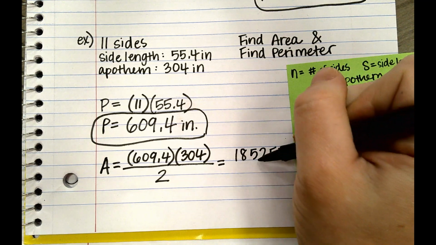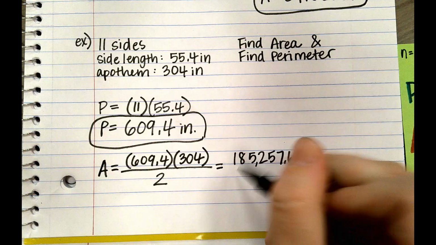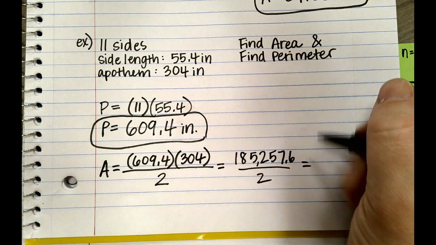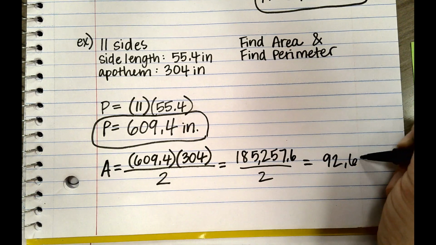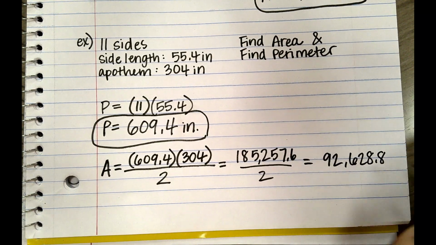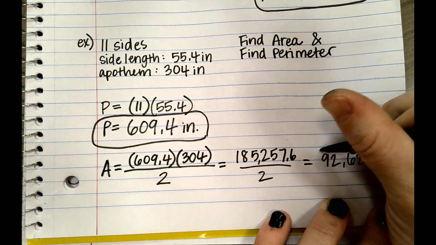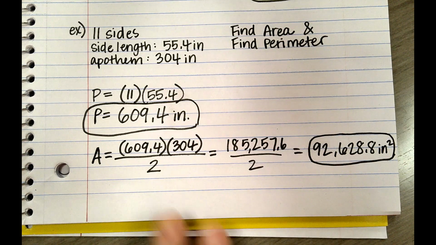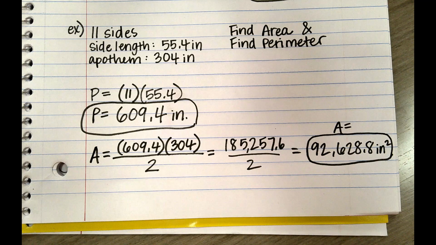So divide that by 2. 92,628.8. Yes, 92,628.8 inches squared. Very large area here. Very big shape. So that's our area, and that is our perimeter, and that is really our lesson today, guys.